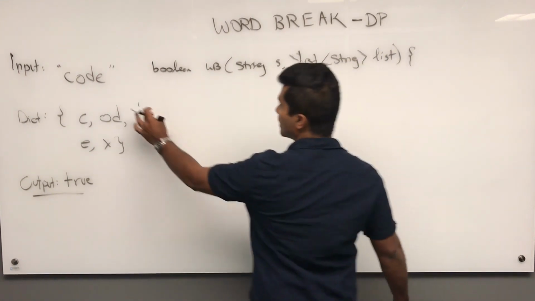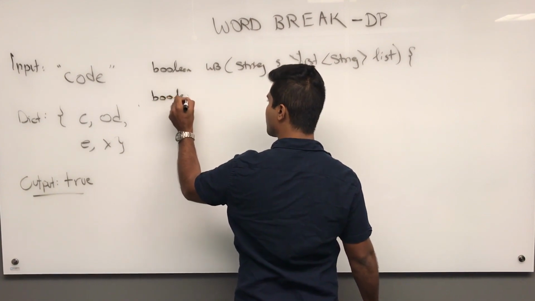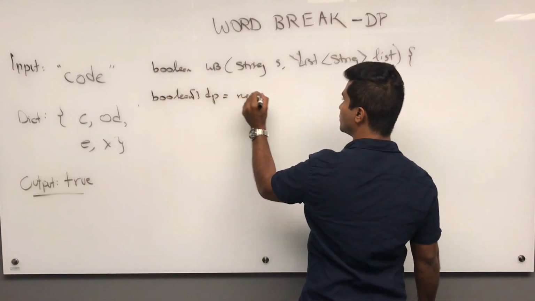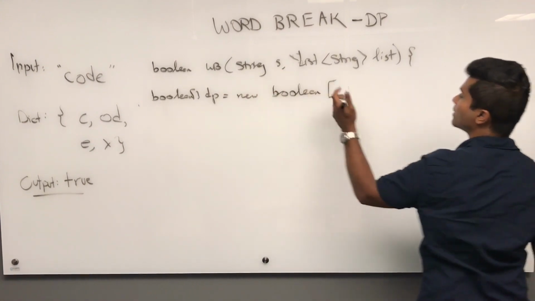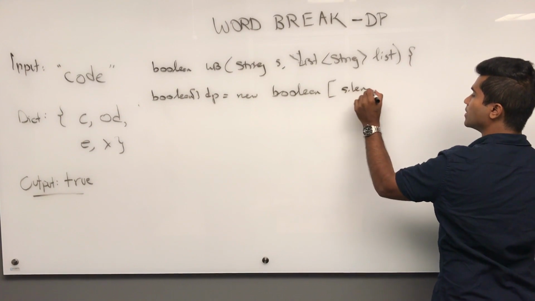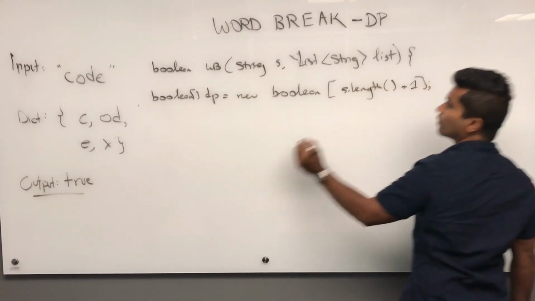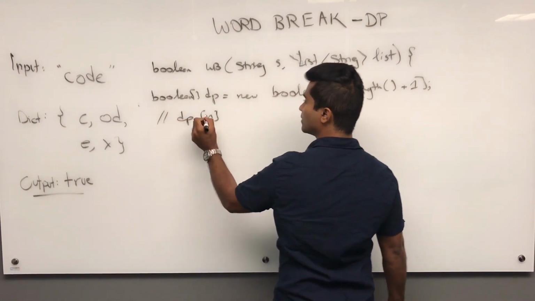So let me create the Boolean array for that. It's going to be new Boolean of length n plus 1, where n is the length of S. So we want to get this for the whole string.